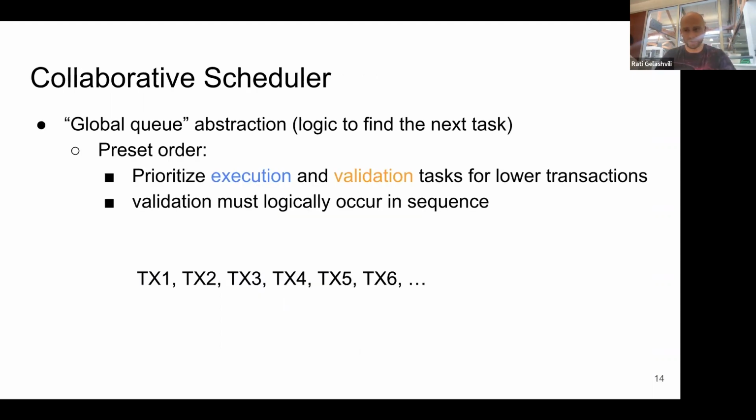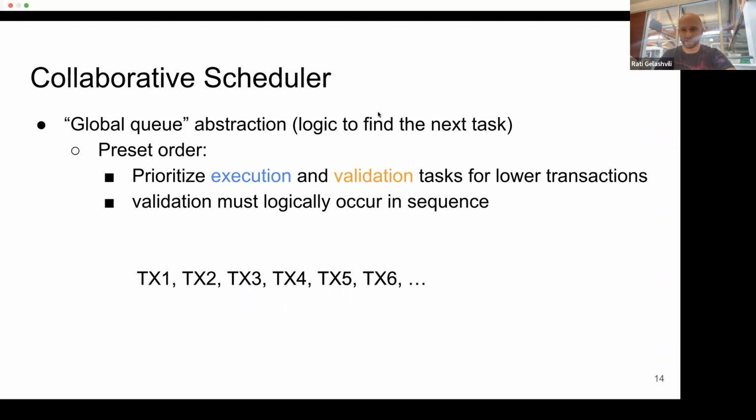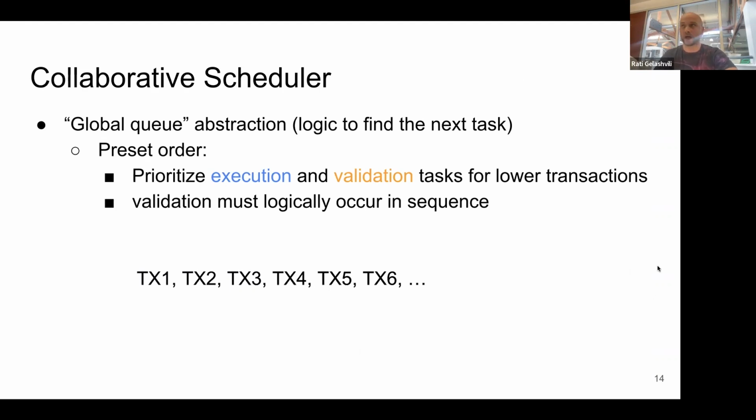Now the collaborative scheduler has this global queue abstraction. It provides a way to find the next task. And because we are enforcing this preset order of transactions, we have to prioritize execution and validation tasks for lower transactions.